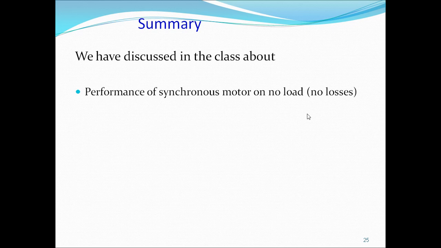Suppose you take a synchronous motor with no load and no losses. Then output is not there, losses are not there. Then the motor is not going to take any input from the supply. This condition of running of the motor is called floating condition. When the motor is on no load, both the supply voltage and back EMF are equal.